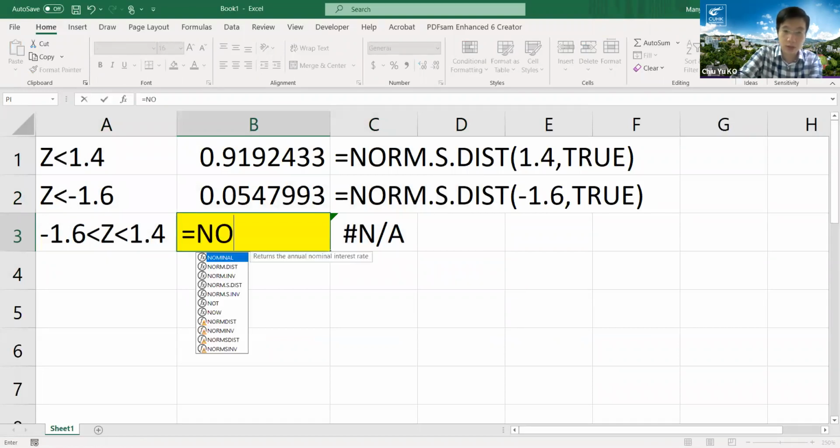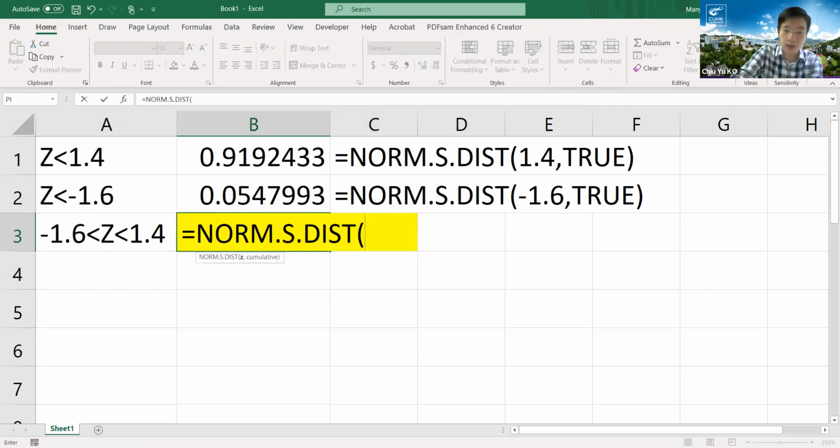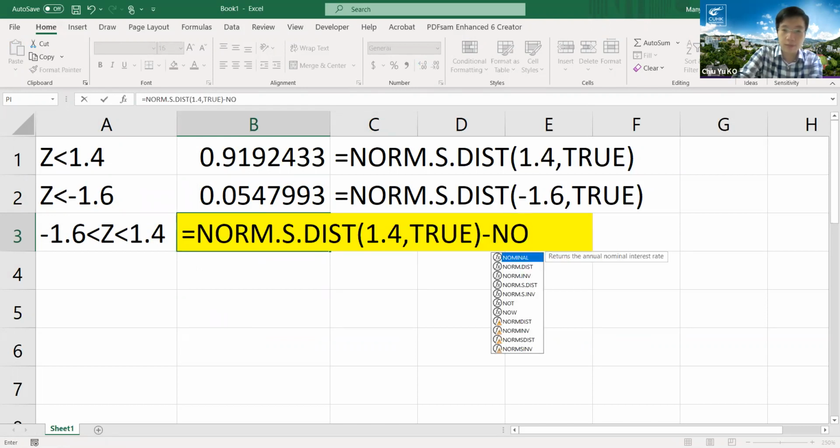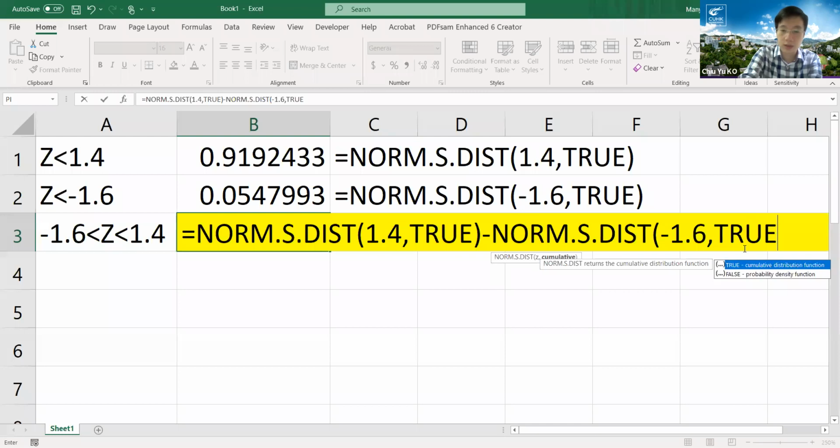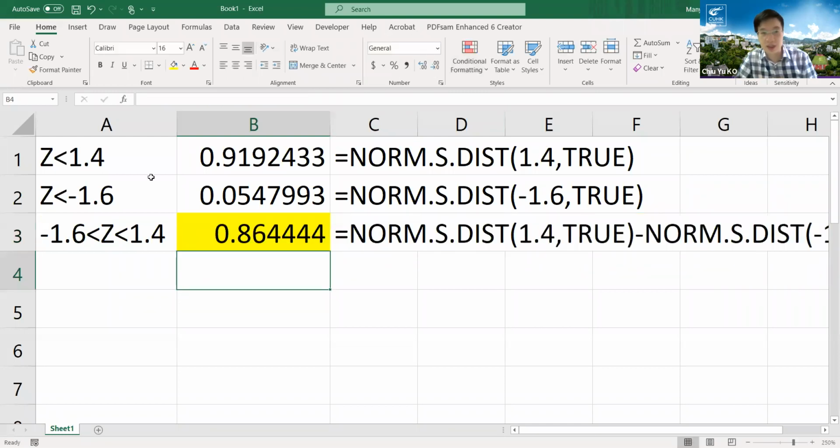It's just the normal standard distribution, with 1.4, which is true, minus the normal standard distribution with negative 1.6, and then also true. So this would be the same as the difference between the cell B1 and B2.